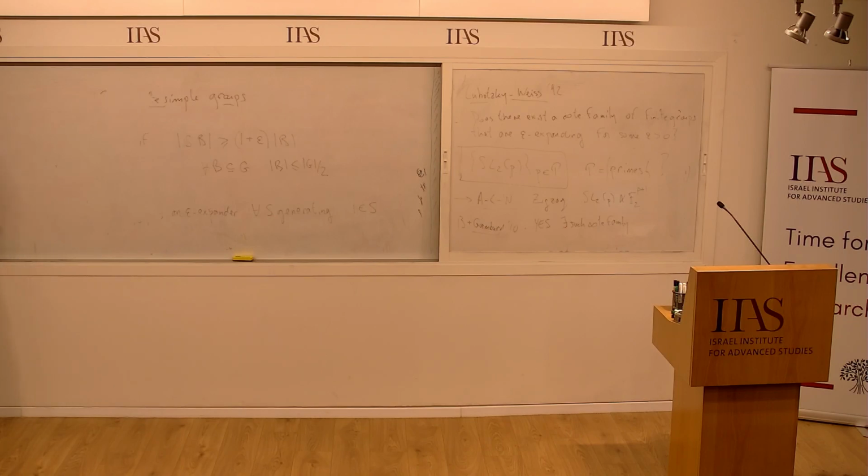So we proved that there exists a subfamily of primes, which has density 1 among the primes, and such that the family SL2(p), p in this subfamily, is epsilon expanding. And we show that there exists a uniform epsilon. Density just means the intersection with any finite interval tends to 1.